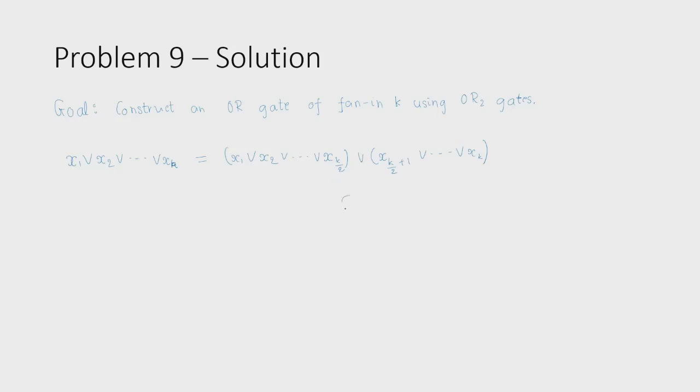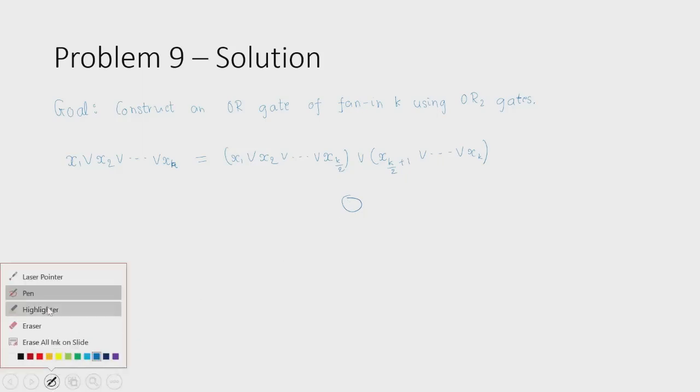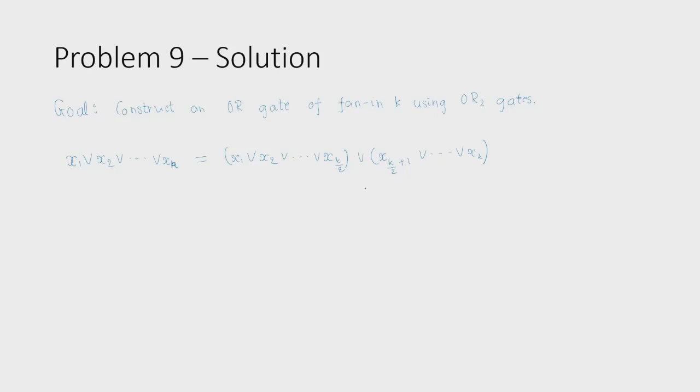Okay, so here is the topmost OR gate. The middle OR gate in this formula is the topmost OR gate, and on the left and right I want to compute these two, right? But these two are exactly the same as this, except that the number has gone down.